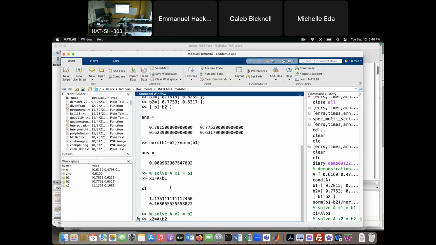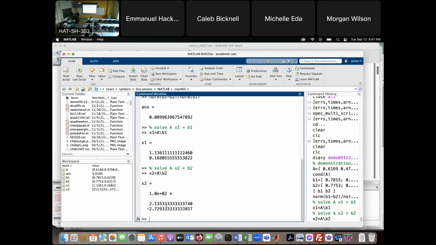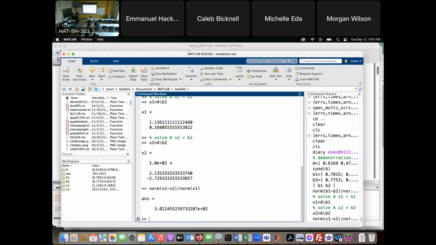So b1 and b2 differ by just 1%, but x1 and x2 differ by a ton. So instead of having like 1.1 and 0.1, here I have 213 and 273 minus 273. It's way off. So in fact, if I look at the difference between these two solutions, they differ by 300%.